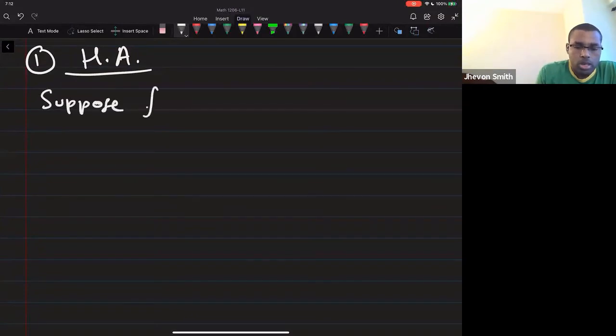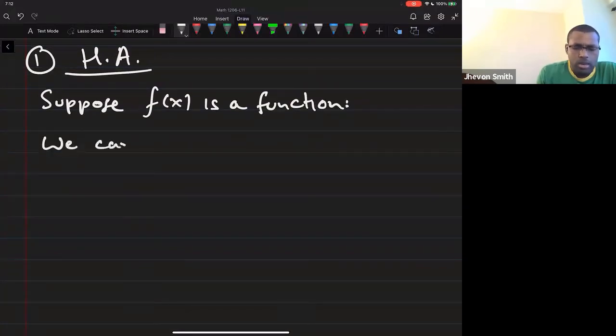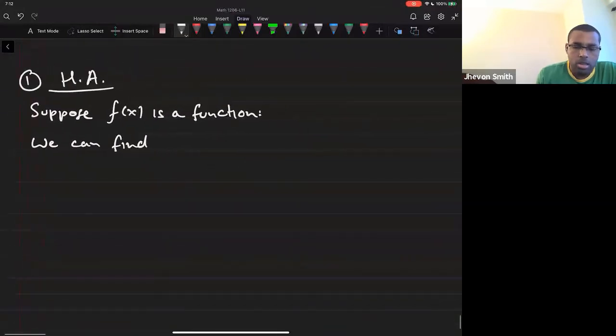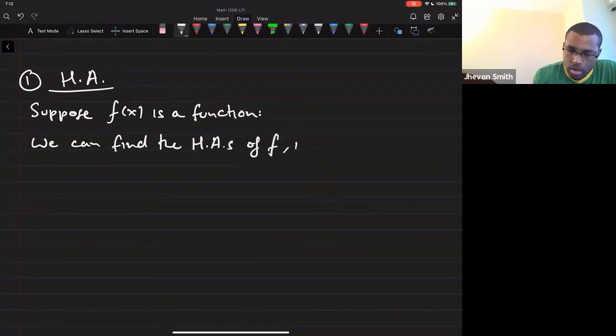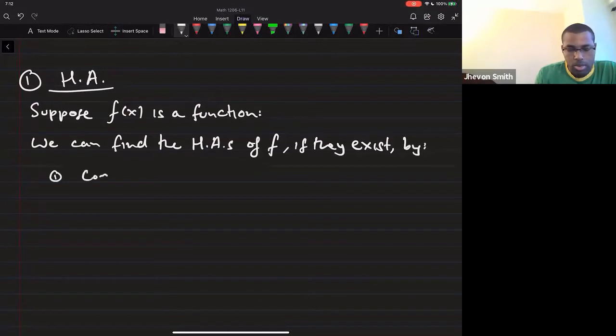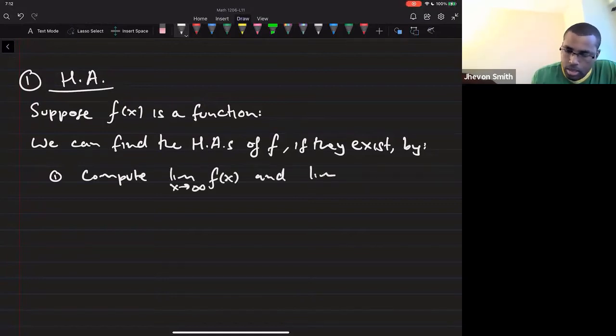Suppose f of x is a function. We can find the horizontal asymptotes of f if they exist by 1, compute the limit as x approaches infinity of f of x and the limit as x approaches negative infinity of f of x.